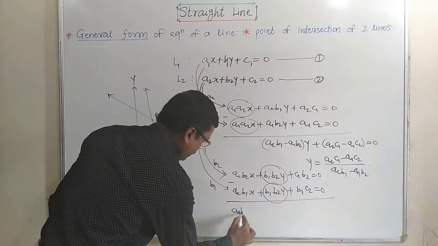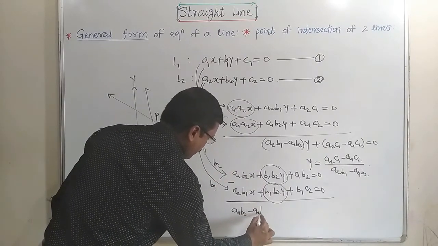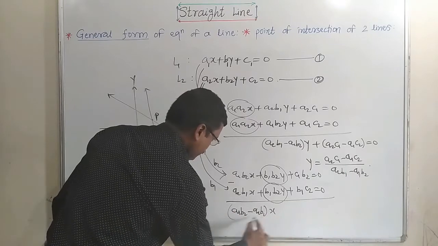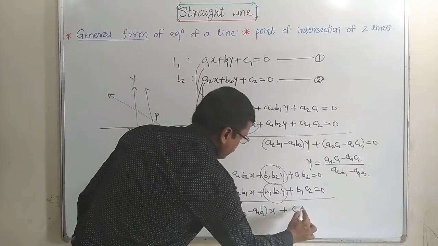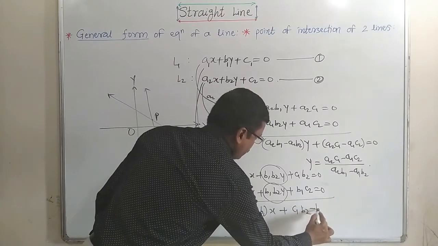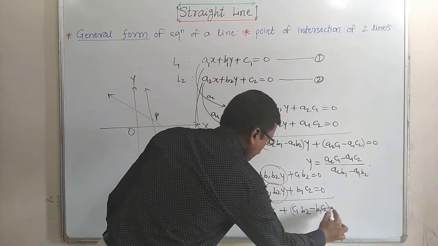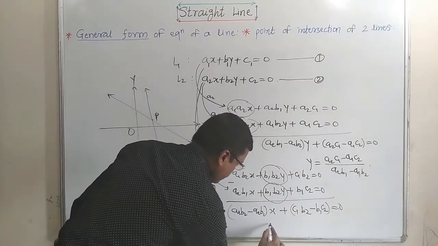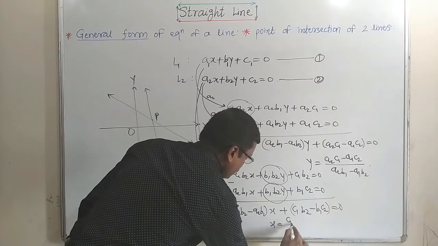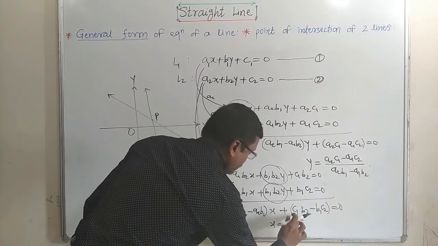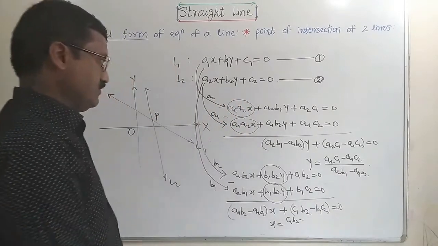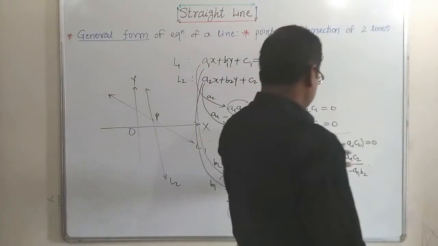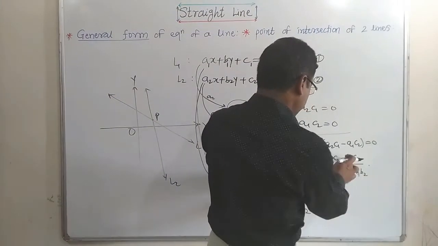Remains (a1 b2 minus a2 b1) times x plus c1 b2 minus b1 c2 equal to 0. And from this we can write x is equal to this c1 b2, taking this to the right. Here also we have to take this to the right, it becomes negative and this becomes positive.